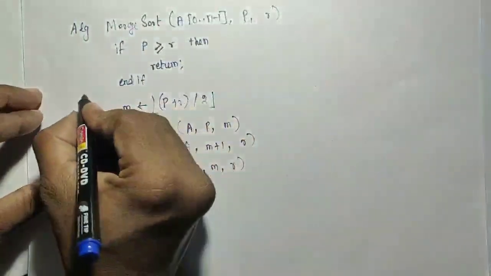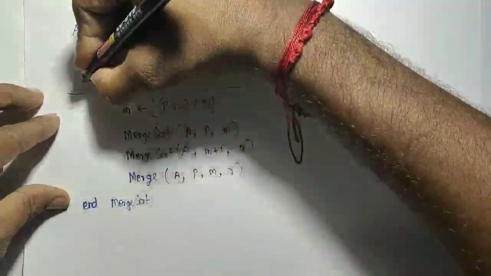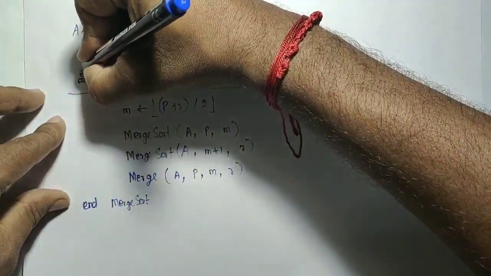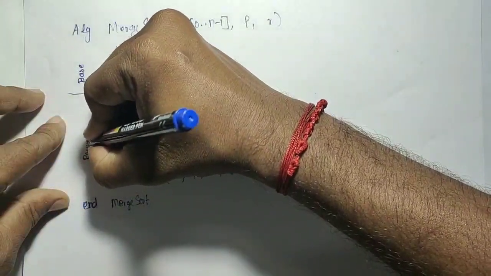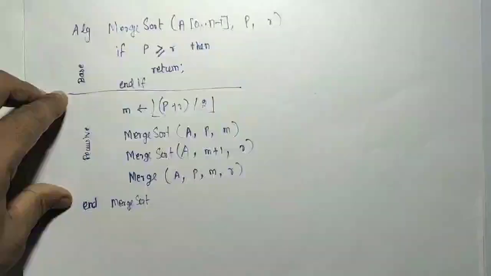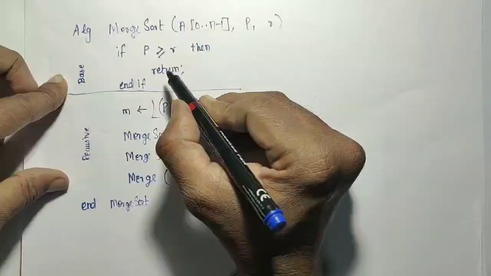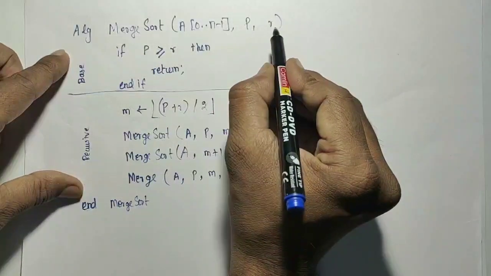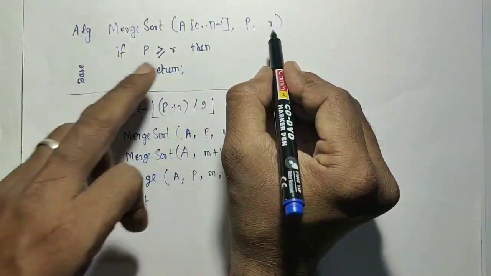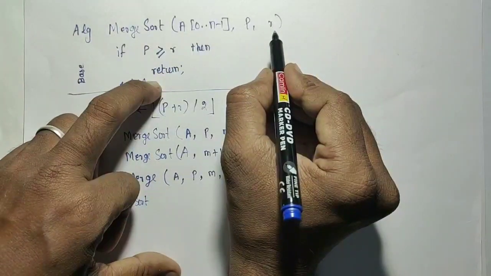So we can split it into the two, base case and recursive case. Base case means: if p equals r, it is considered the base case. It means only one element is involved in the merge sort, so there is no need to apply the recursive case. It returns and exits here.